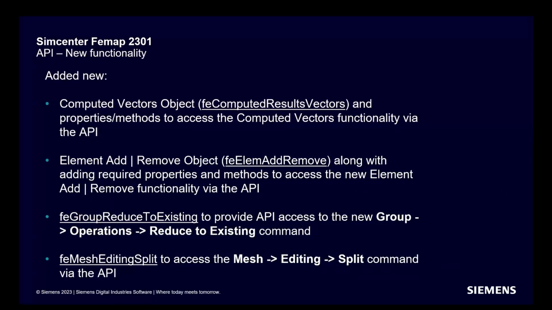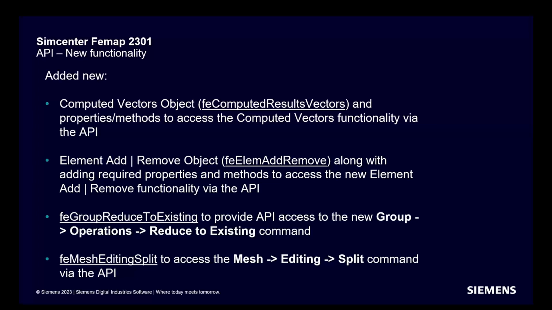And then obviously there have been API improvements. Most of these are bringing the API up to date with all the improvements that have been made for this version. So obviously they've added the computed vectors object, and you can access all the computed vectors functionality via the API. And then they've added support for the element add remove object, and updated the group commands.